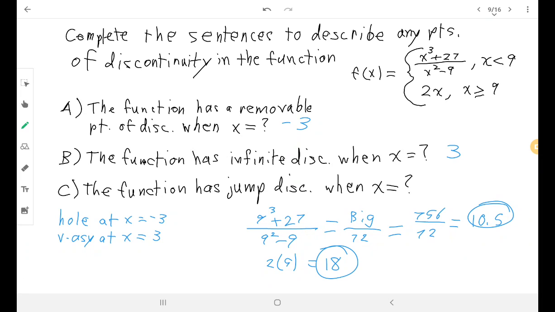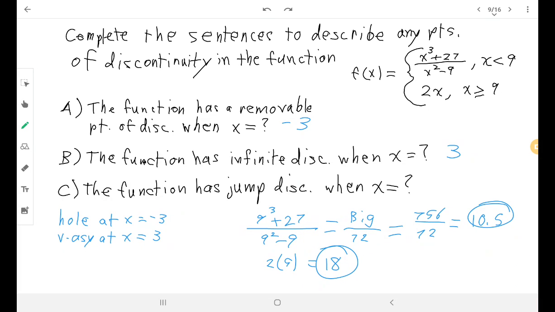And so that's where we get this so-called jump discontinuity, which is to say that as I approach 9 from the left, I'm approaching a value of 10.5, but I'm not actually getting there. So if I was graphing this at 10.5, I would put an open circle at an x value of 9 and a y value of 10.5.